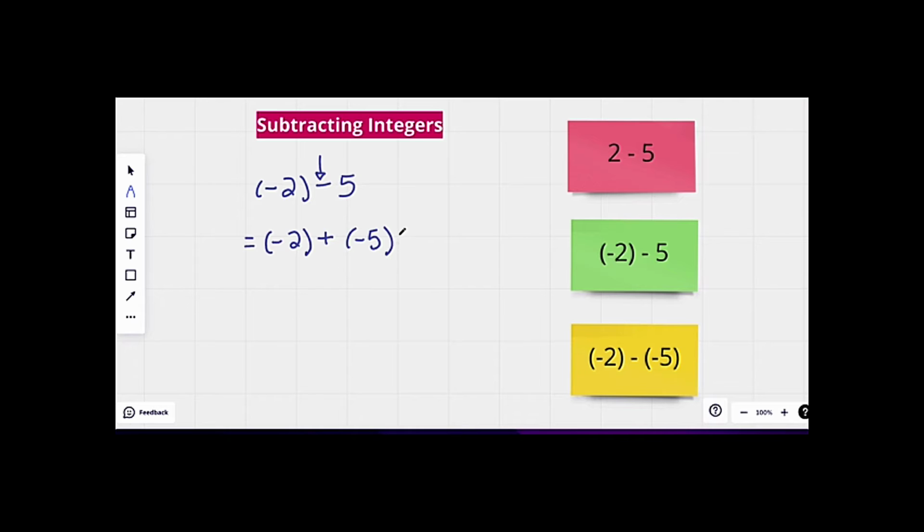And now when we look at it, what we've got here is an addition of 2 negative numbers. So in our addition rules for integers, if we've got 2 negative numbers, we add them together and we keep the sign, which in this case is a negative because both numbers are negative.